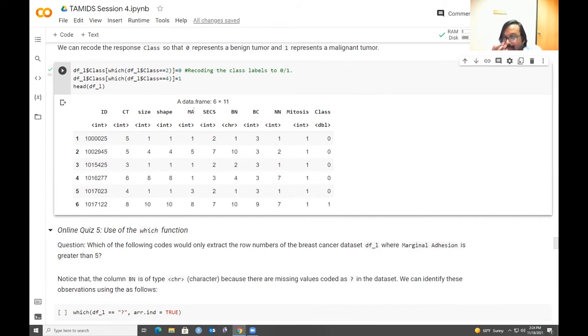So here is a little poll for you. I'll give you 2 to 3 minutes to go over each of the codes and see which of them would correspond to extracting only the row numbers.